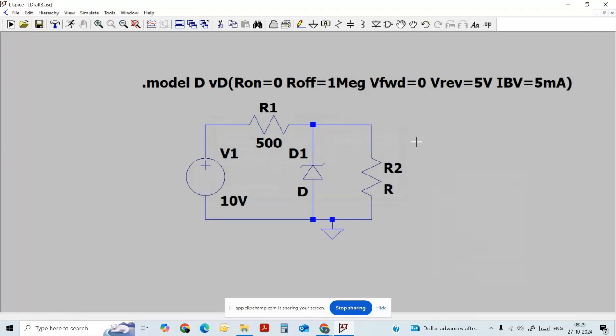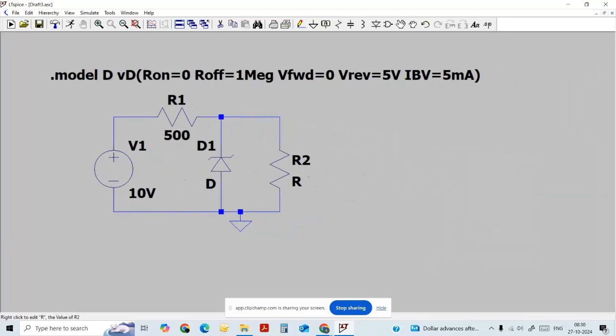In the previous video we have discussed how to confirm the Zener diode is in the breakdown region. Now we will find the minimum load resistance value.